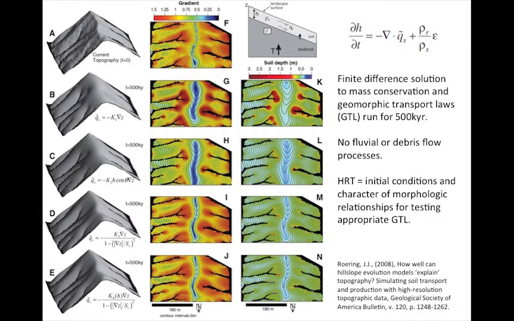I always liked one thing Josh talked about: the inappropriateness of linear diffusion, the pumping up of the landscape like a balloon. Clearly that didn't work, whereas the one with nonlinear dependence on slope as well as soil thickness worked better. So that's what I was thinking of, at least initially.